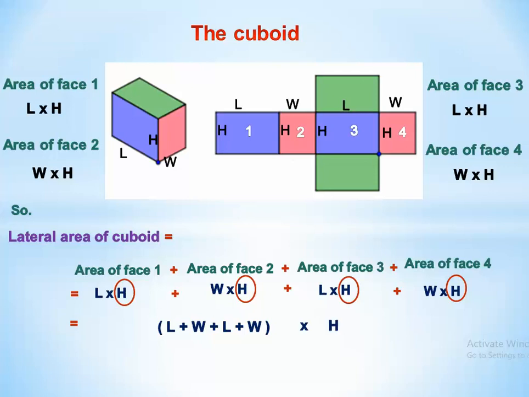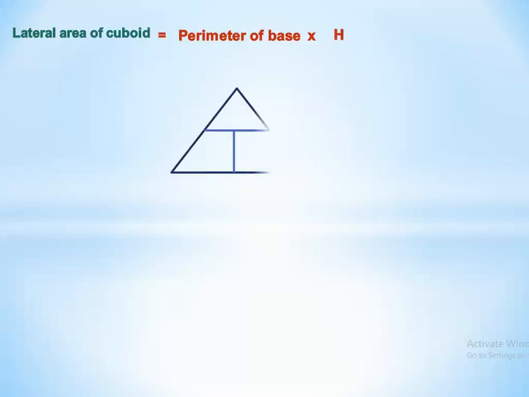Length plus width plus length plus width is the perimeter. So lateral area of cuboid equals perimeter of base by height. Keep it well: lateral area of cuboid equals perimeter of base by height.